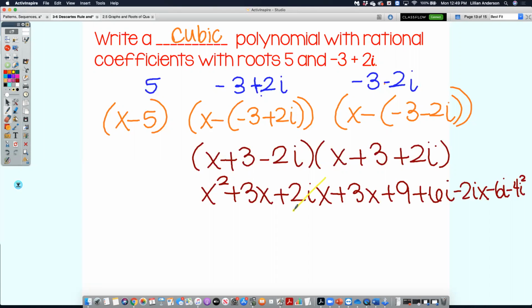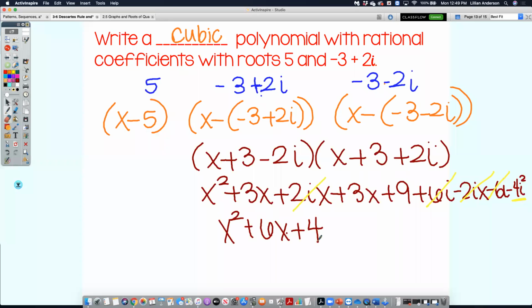My 2i x's should cancel out. My 6i should cancel out. And that -4i squared should turn into a +4. So I should have x squared plus 6x plus 4 when I multiply that out.